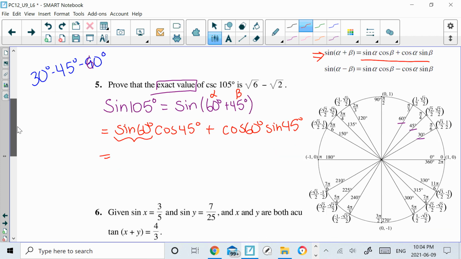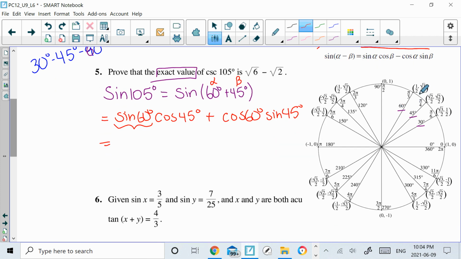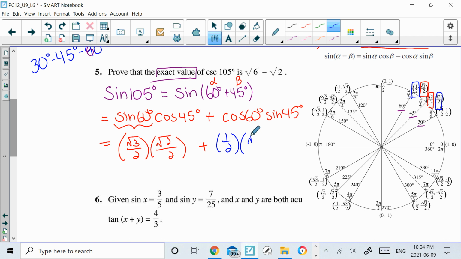On my unit circle, at 60 degrees, the y value is root 3 over 2. Cos of 45 degrees would be my x value, which is root 2 over 2. Cos of 60 degrees, now I'm looking at the x coordinate, which would be 1/2. And sine of 45 degrees would be the y coordinate, root 2 over 2.